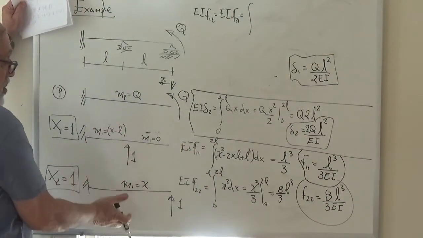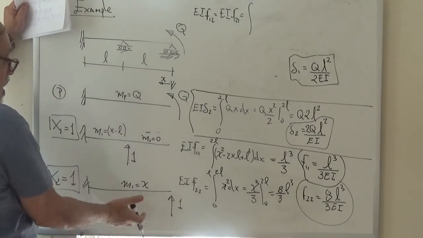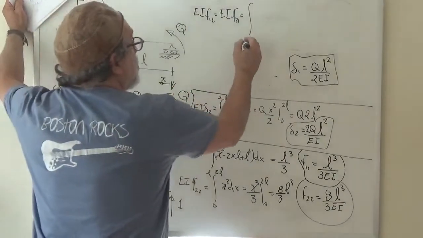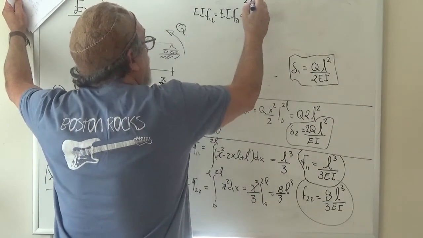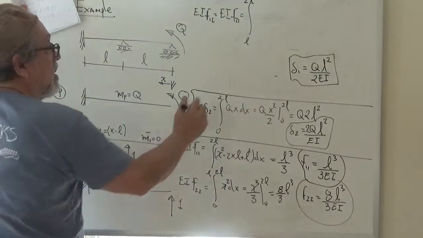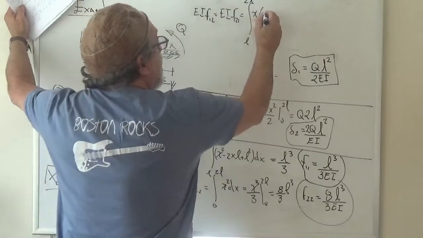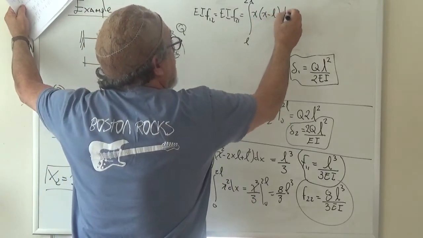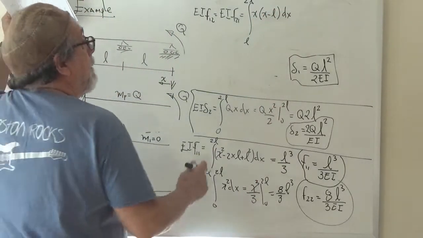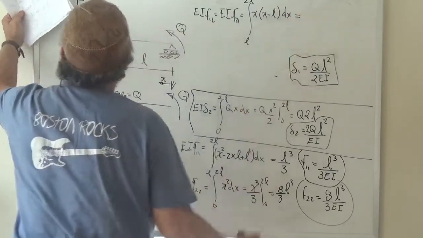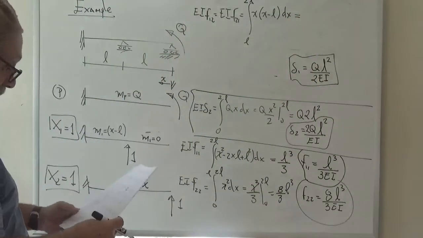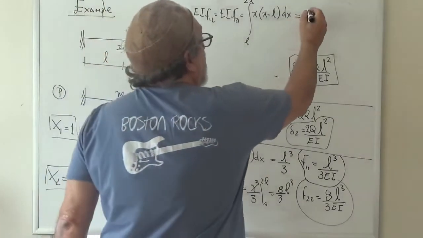Sketch 1 times sketch 2. 0 over the first part, and then it's just the integral from L to 2L of x multiplied times x minus L dx, right? And that integral, you can crank through it, and you get 5/6 of L cubed.